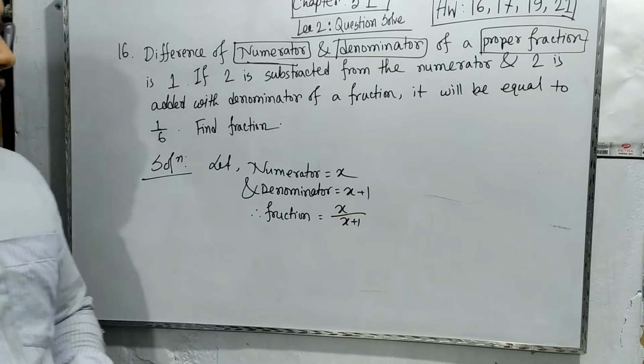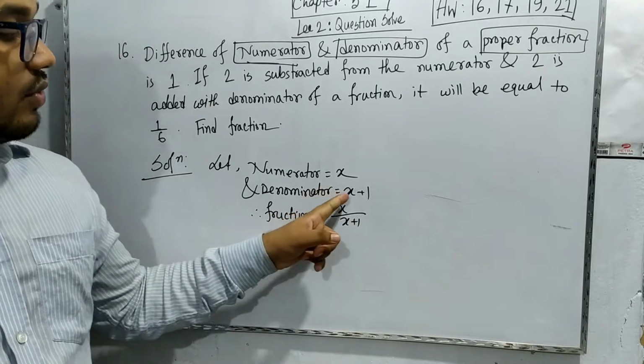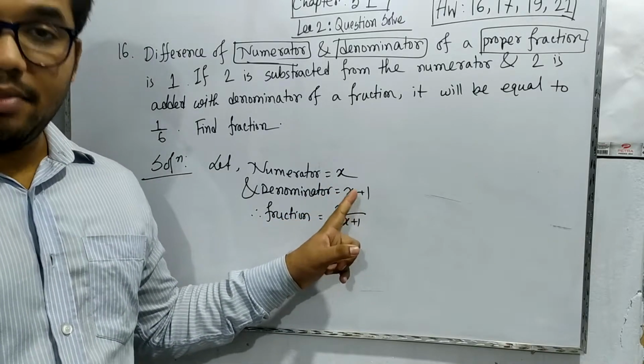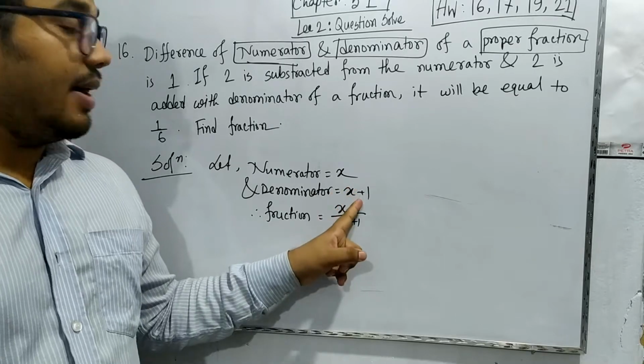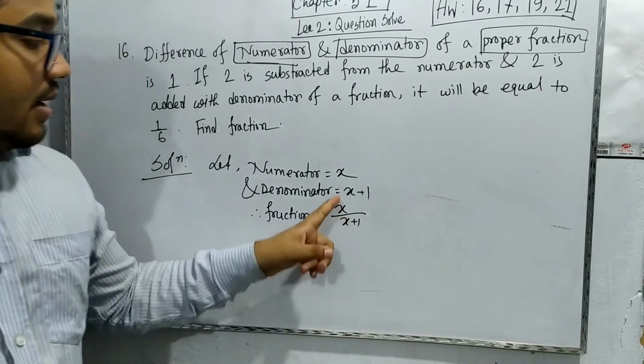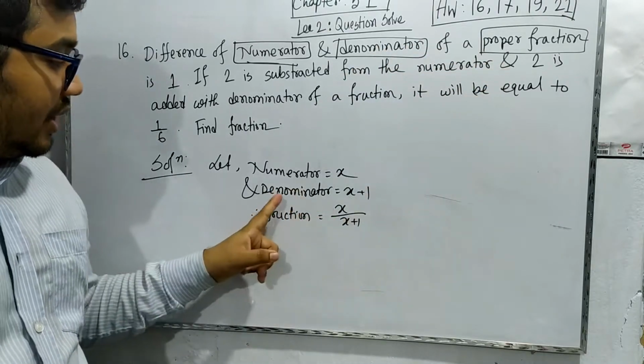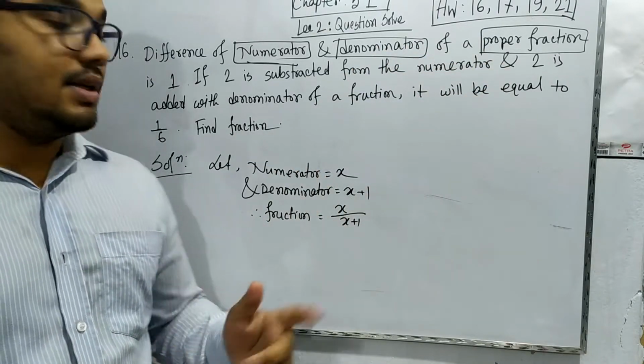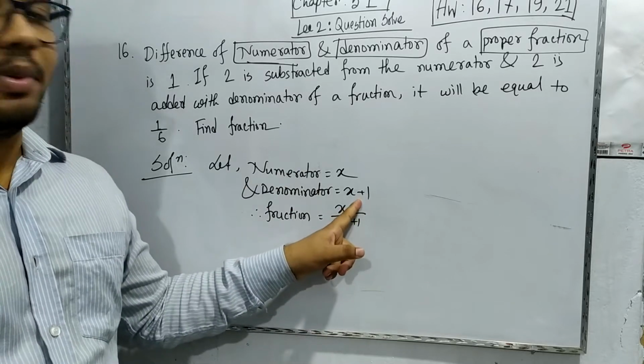One thing you may be confused about is why we are going for plus. It can be minus, it's true, but since it is a proper fraction, the denominator must be larger than the numerator. That's why it must be plus.